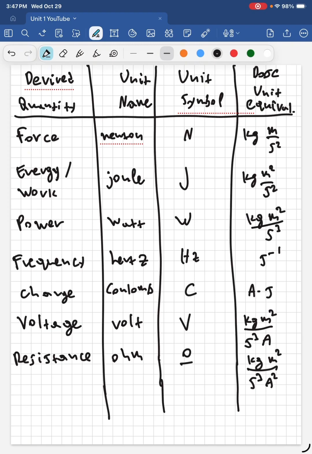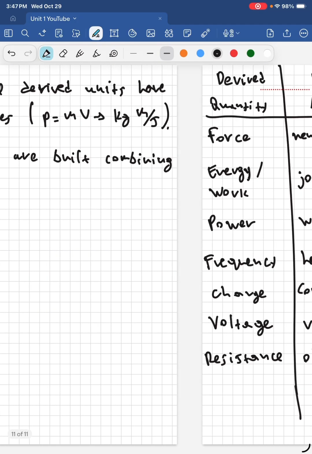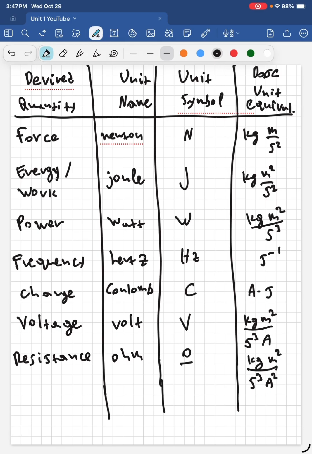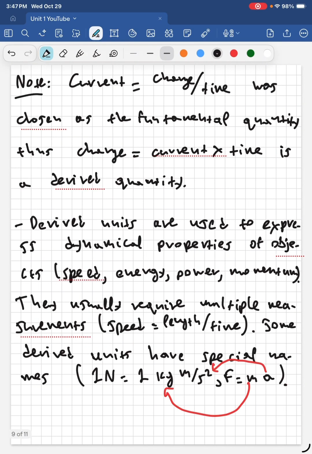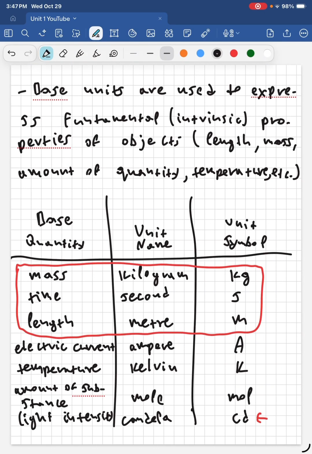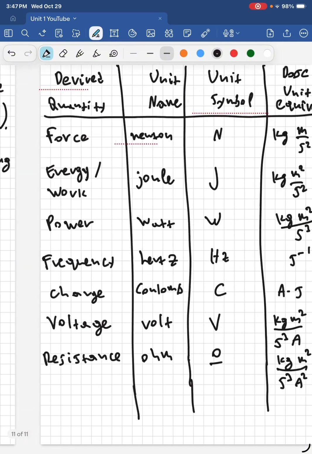Okay, this took a while. So these are some popular derived units, okay, that have a proper name. And let's move on, okay? So we have the definition of what base quantities are and what derived quantities are.